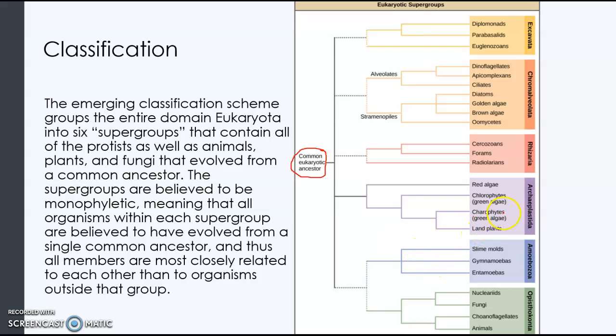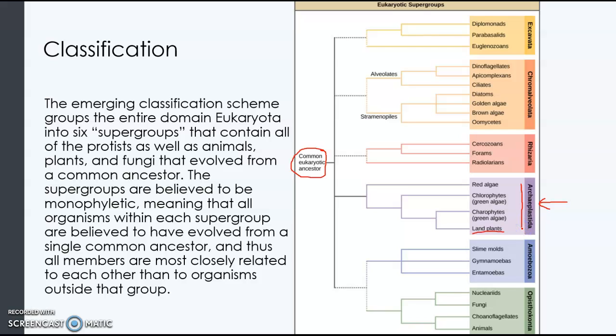For example, the Archaeoplastida consist of red algae, 2 types of green algae, and the land plants. The land plants are not protists, they're plants, but they are also in the supergroup Archaeoplastida.